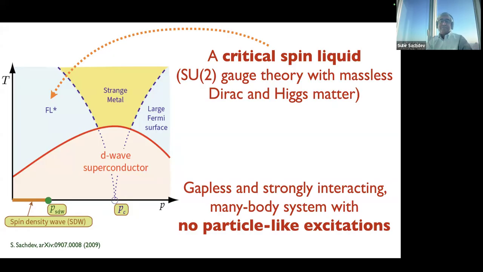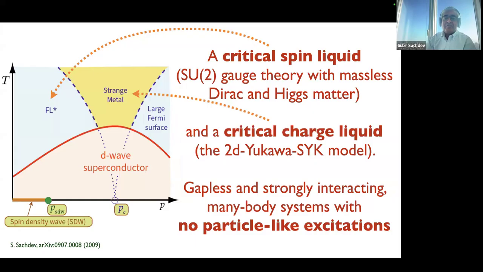The spinons are not well defined, but the electron hole pockets are actually quite well defined. So I'll have to make a correction here. But in the strange metal, there are no well-defined particles. It's a critical charge liquid described by this extension of the SYK model.